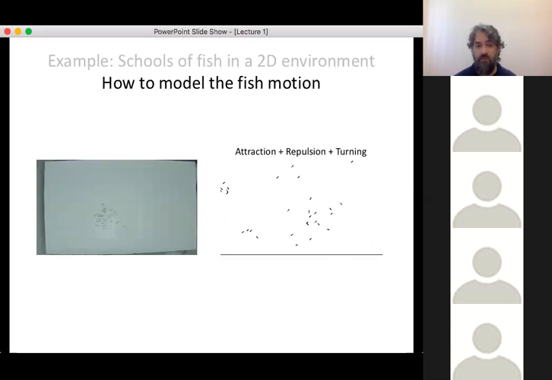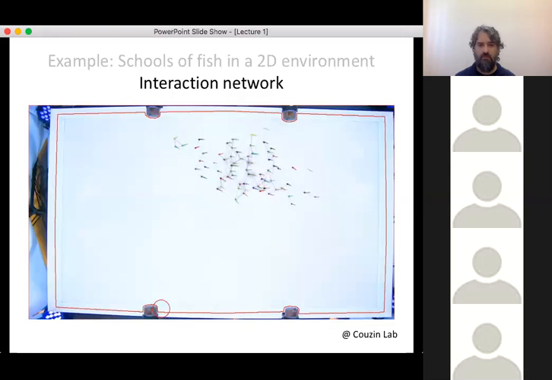And finally, what you will have to do is to actually quantify it in terms of the order parameters that you think are relevant for your experiment. That's more or less the idea, and that's the approach you should follow when you want to study an experimental system and model it with a simulation.